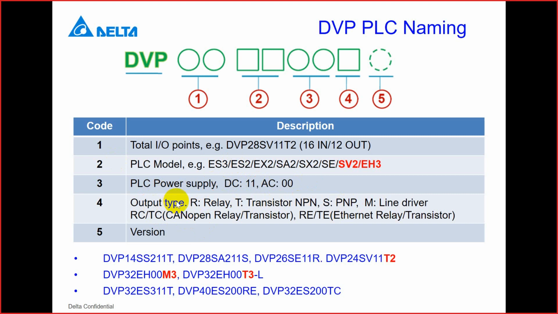And then comes the output type. I think we already mentioned this at the very beginning. T means NPN, S or P means PNP. The reason we don't use P in the DVP series is that at that time our R&D just defined S. R is relay, no doubt.